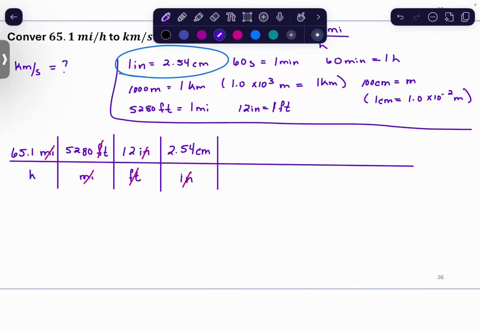And then, of course, like I say, there's 100 centimeters in a meter. Centimeters will divide out. And I have meters per hour, because you notice I haven't touched the hours unit yet. And then, of course, there's 1,000 meters in 1 kilometer. Okay, so meters divides out.